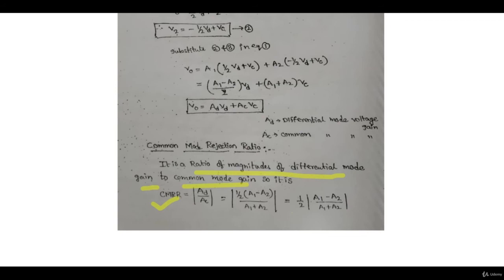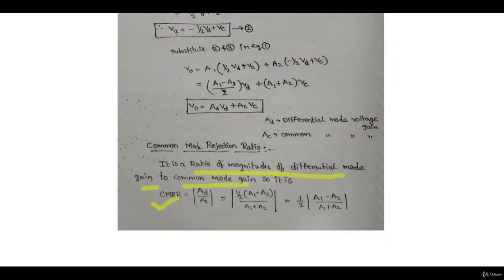When you see AD and AC here, they are not fixed, because this is just with respect to this circuit with A1 and A2. I have just taken an example with respect to V1 and V2. In general, you will have some circuit with R and C, and you will calculate the output with respect to one voltage and the output with respect to another voltage, and then V0 is equal to AD VD plus AC VC.